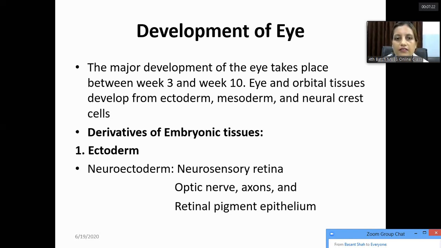We will discuss. Ectoderm is again divided into neuroectoderm and surface ectoderm. From the neuroectoderm, you can remember that the neuro itself will give the nerves: neurosensory retina, optic nerve, axons, and retinal pigment epithelium. These develop from neuroectoderm.